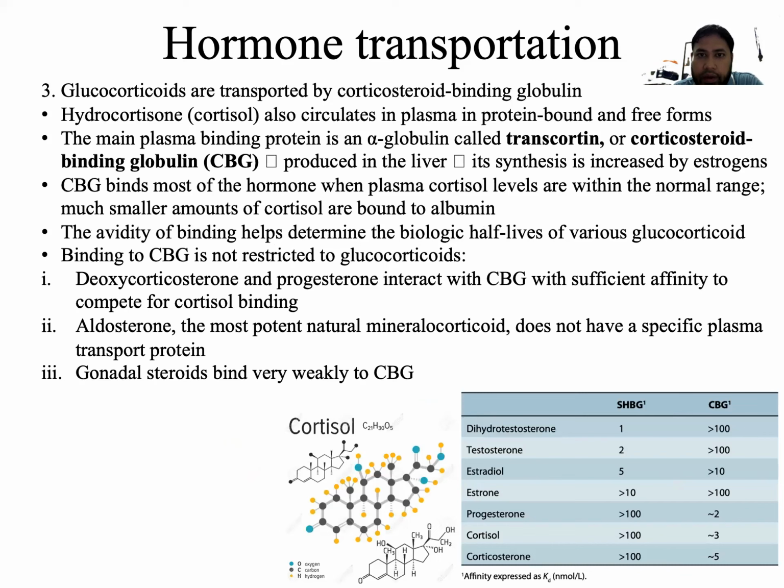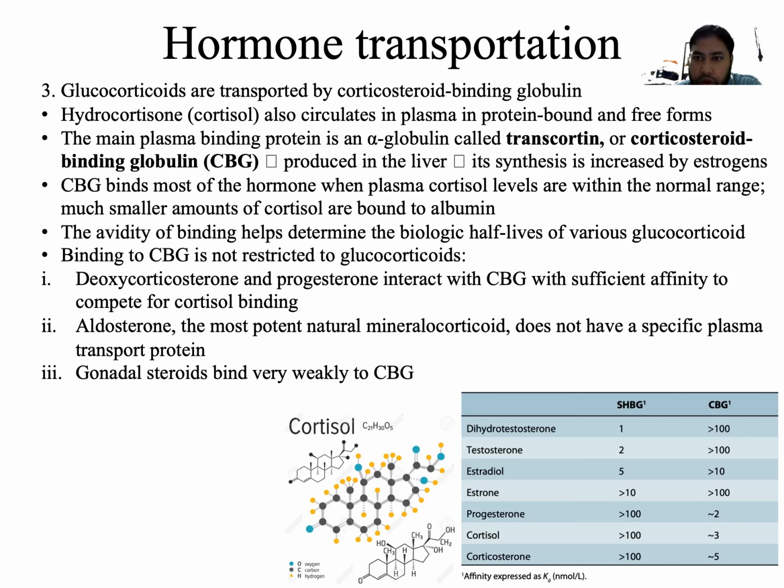This is another explanation. For example, glucocorticoids are transported by corticosteroid binding globulin. You can find hydrocortisone, or simply cortisol, also circulates in plasma in protein bound and free form. The main plasma binding protein is an alpha globulin.